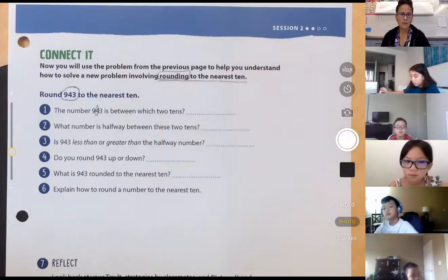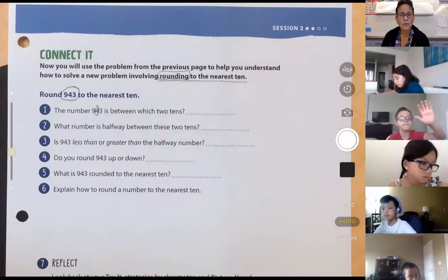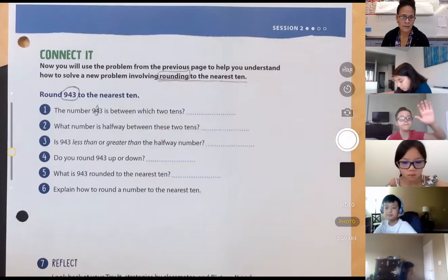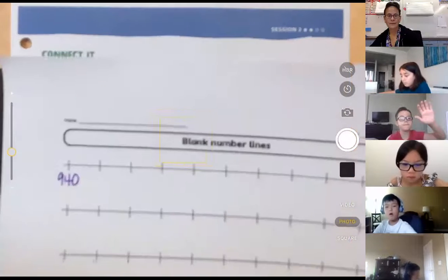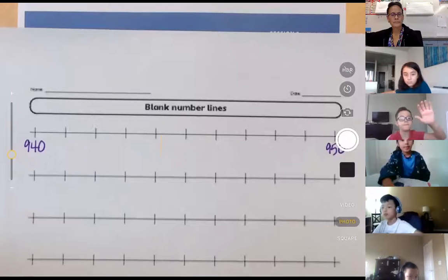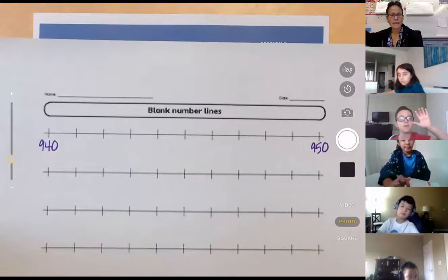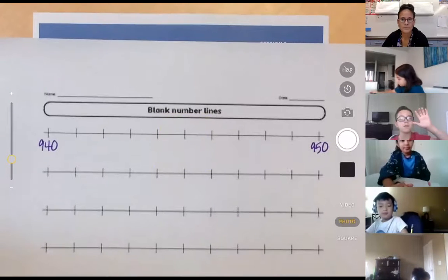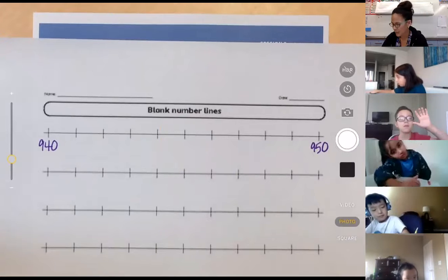Are there strategies you could use? Definitely. Do students like to go to number lines? Definitely. Well, guess what? Here's a number line for you. Taking a look at my number line, which two tens does this number fall between?